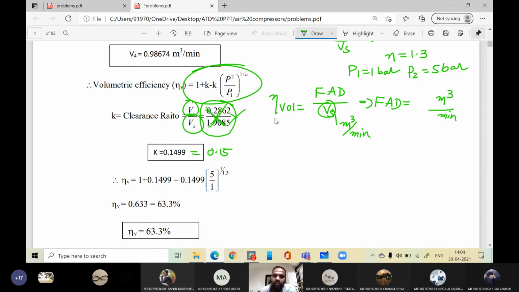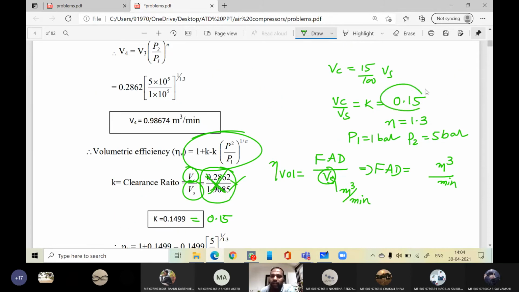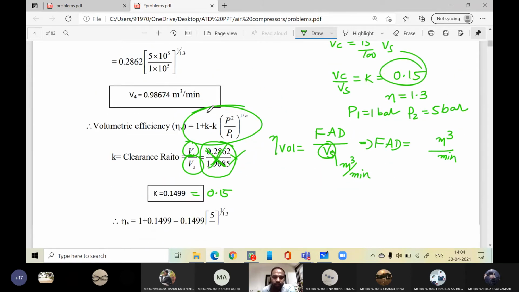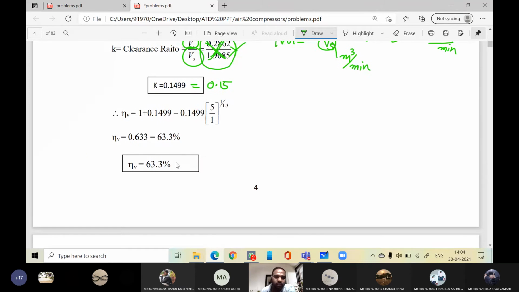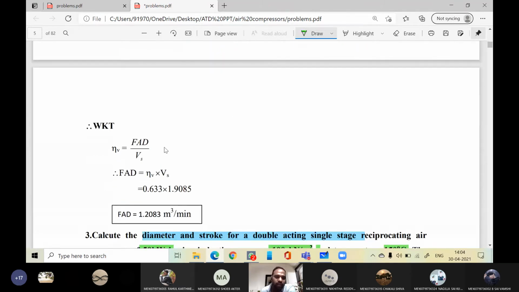Directly VC is 15% of VS, so I can write 0.15 directly as the K value. And we got 63.3, that is the volumetric efficiency. Then the formula for volumetric efficiency is free air delivered by swept volume, and the required flow rate is the free air delivery, that is 1.2 meter cube per minute.